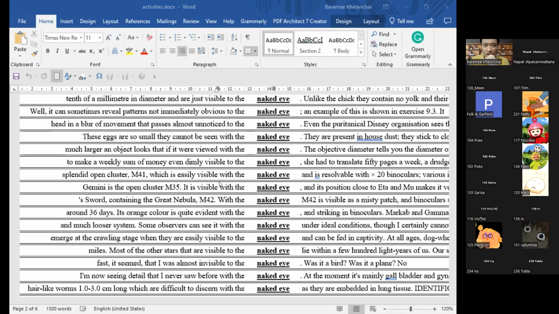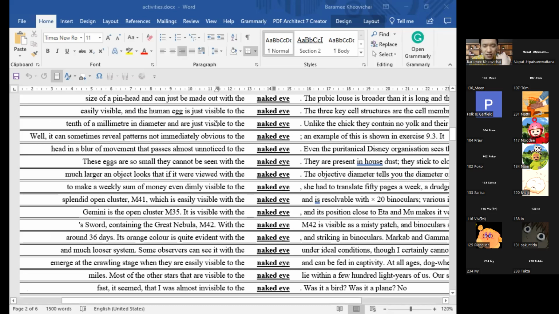Visible. Visible, okay. Yep. Can you give me one more example? Apart from visible, is there any other word? Because we have visible here as an adjective. Can you give me one more adjective?